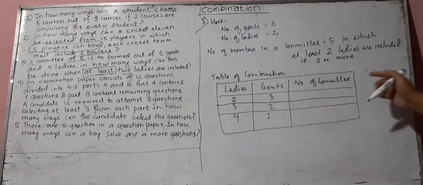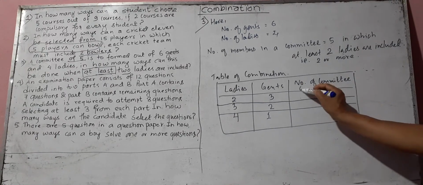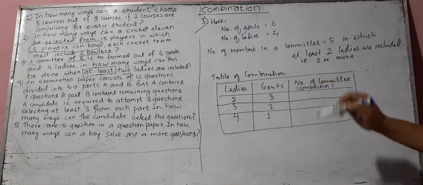So now we make the combinations. This is the number of committees, that is combinations. How can we combine?